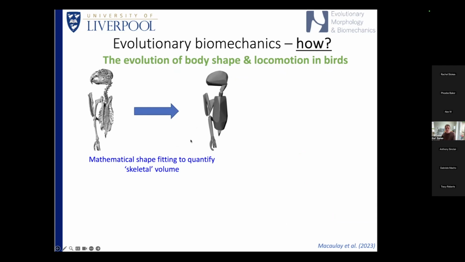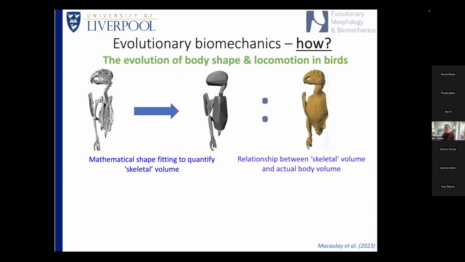So you can think of this as an external skeletal volume. So there's no room for muscle or anything like that. This is wrapped tight to the 3D bones. And then we also extracted the real skin volume from the CT scan. And we looked at the ratio between the objectively derived skeletal volume and the real skin volume.